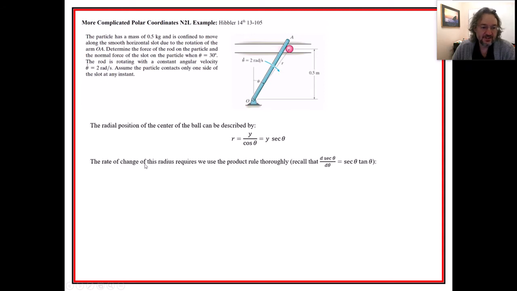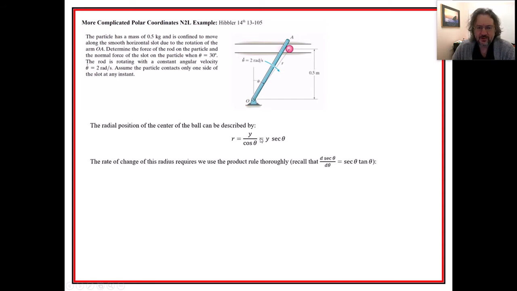So the rate at which this changes can be found, right? We could find the r dot of this by taking the derivative of y, which is not going to change, but the angle is going to change. So we want to take that as the derivative. This is not an obvious thing.